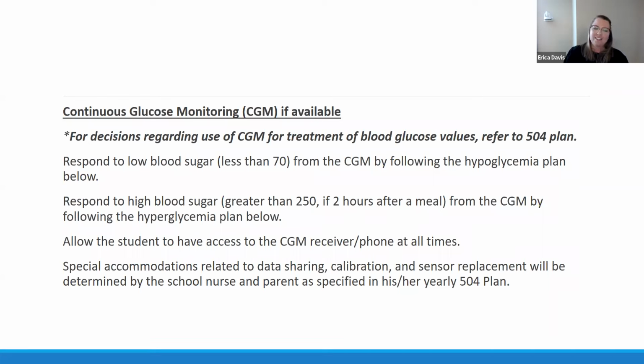We also want that child to have access to their CGM receiver at all times. We talked about the different kinds of continuous glucose monitors. The Dexcom especially can be utilized from their phone as their receiver, or as the item that's going to be able to tell them their blood glucose value. That's how they're going to be able to utilize that.